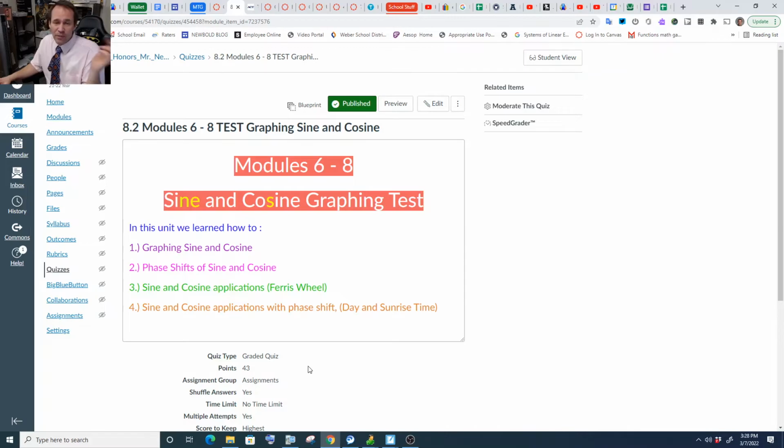The final exam, which is next week, is the one that's going to be proctored. And you can take that one more than once too, but you have to sign up for another appointment. You have to email me to reset the test. So definitely, this one you can take as many times as you want to get good at it. In fact, I encourage you to do your very best and be ready for the final exam. So do the modules 1 through 5 test, do 6 through 8, be ready for the final exam.